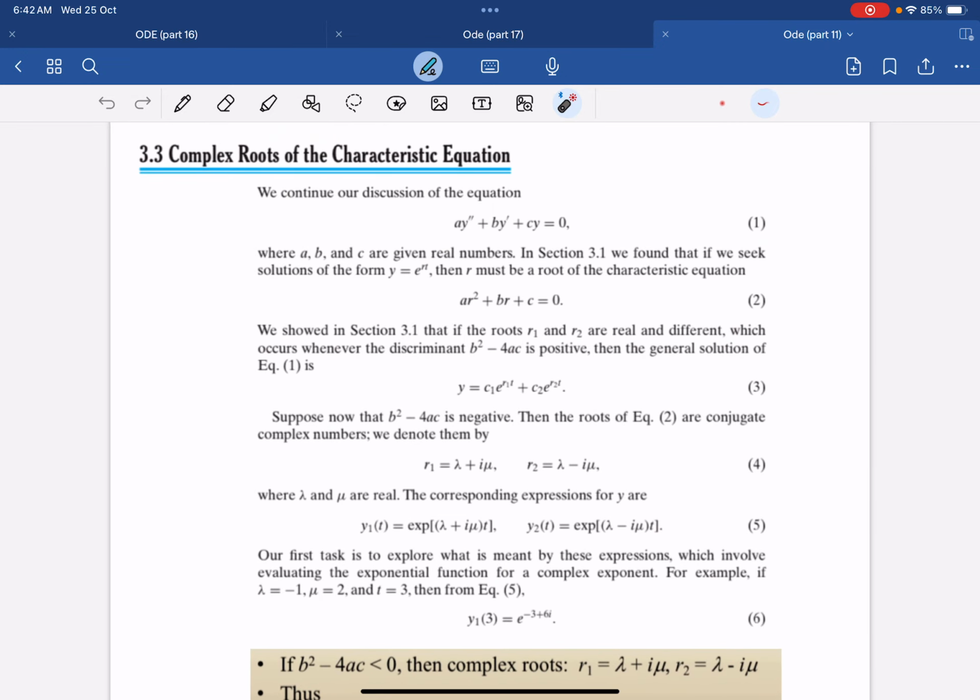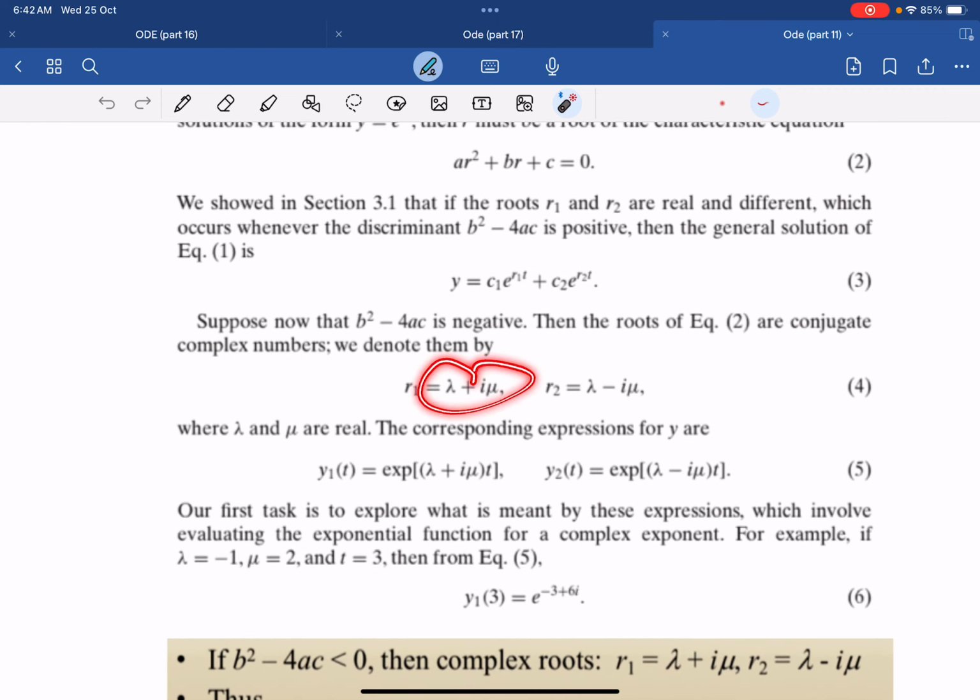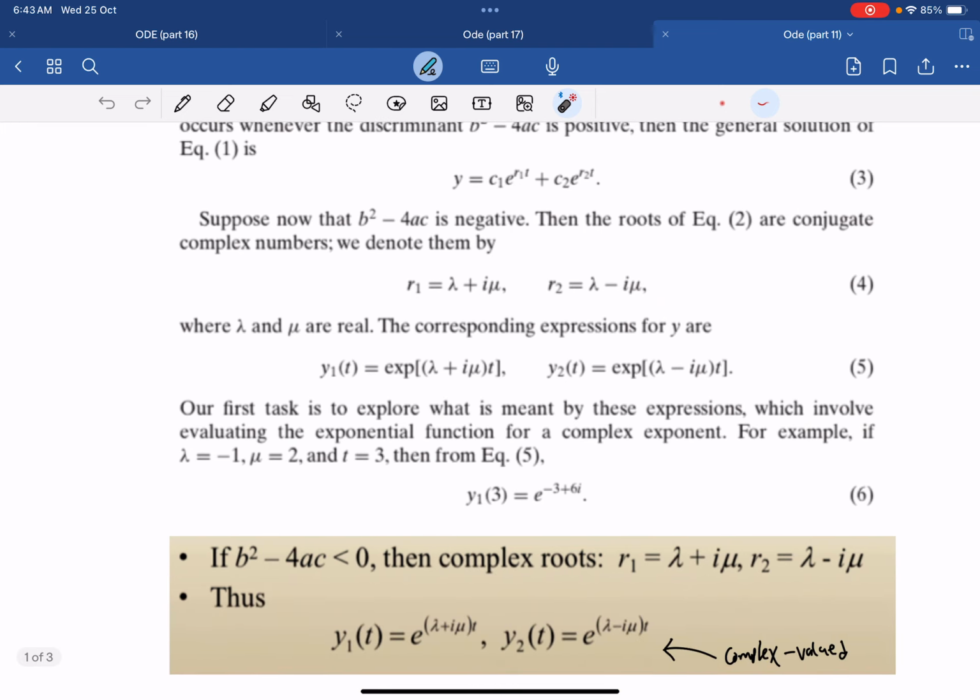So when you solve for it being complex, you will arrive at r1 equals lambda plus i mu, imaginary mu, and r2 equals lambda minus i mu. Then we can rewrite y1 as exponential of r1 t.